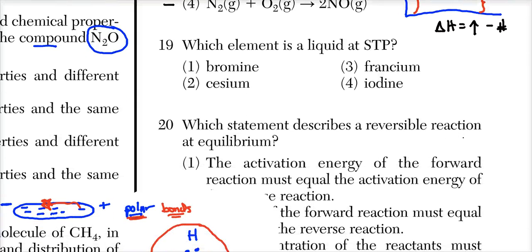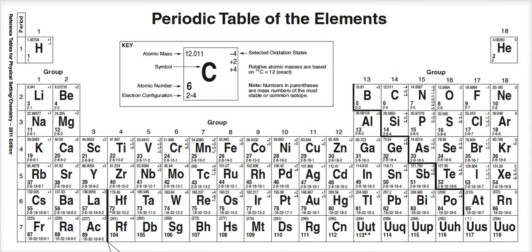All right. Now, you can attack this from a couple of different ways. Some people have their students memorize parts of the periodic table that are the liquids. So let's go there and see who are my liquids from memorization. We should know who our solids, liquids and gases are.